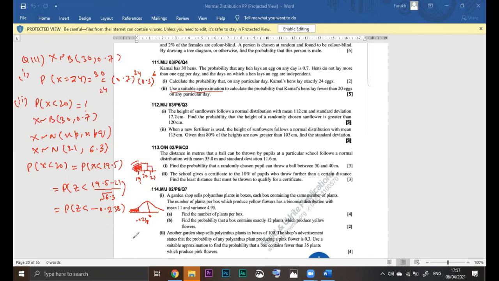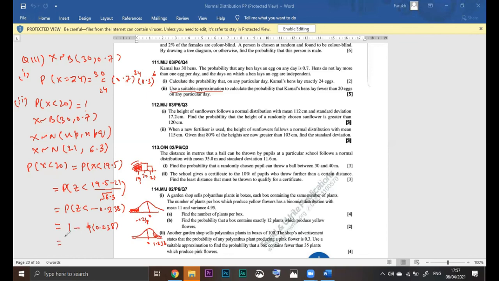We cannot see negative numbers in the table, so we will flip this diagram, and the area on the right hand side will be shaded. The table always gives us the area less than any positive value, so we will find phi of 0.238 and subtract this area from 1.